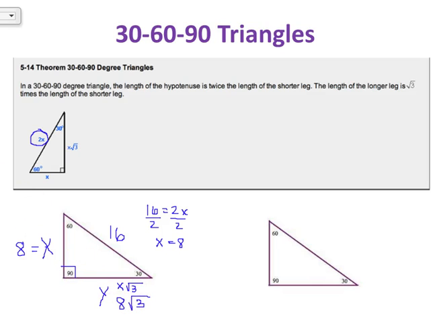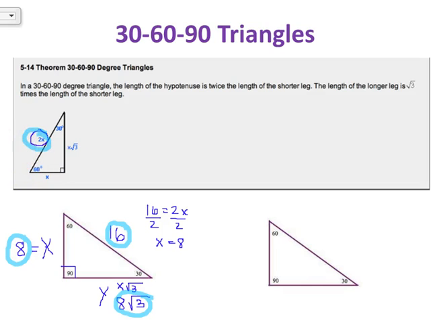So we found all of our side lengths by using what we were first given and setting it equal to what the pattern tells us.